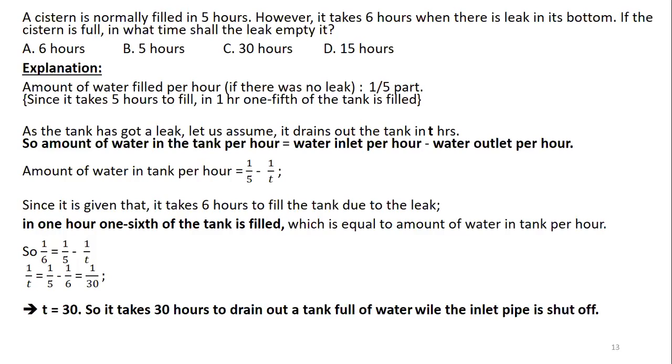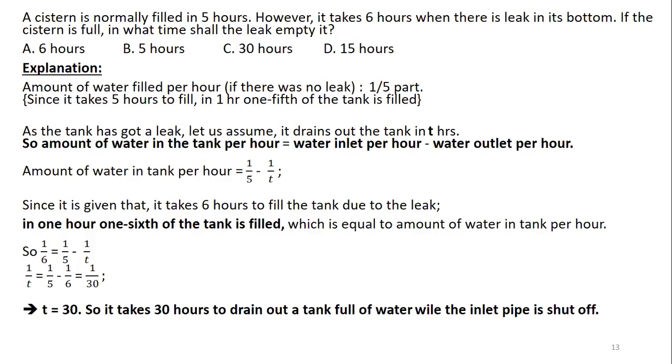Now the amount of water in the tank per hour is 1 by 5 minus 1 by T, that is water inlet per hour minus water outlet per hour. Now that is nothing but the net work done. So the tank is getting filled in 6 hours when there is a leak.